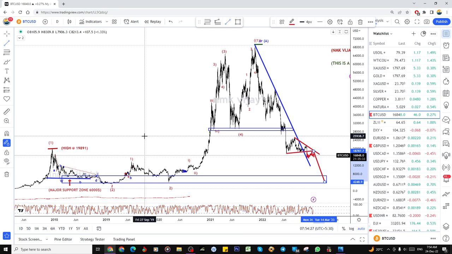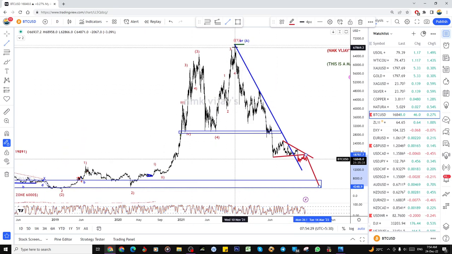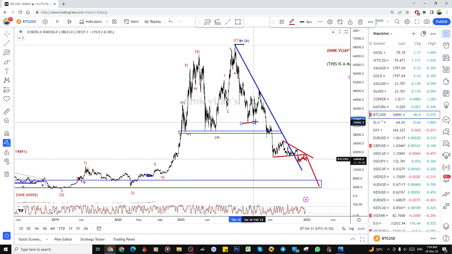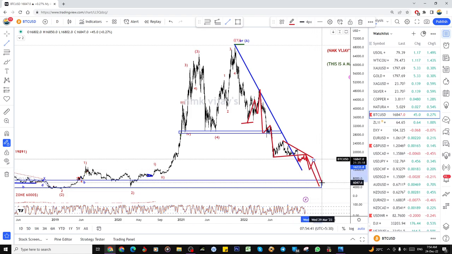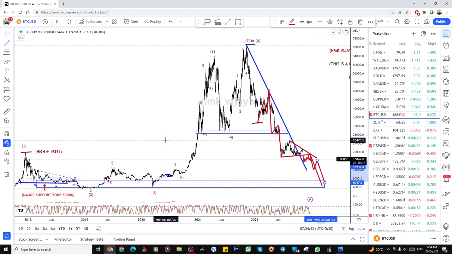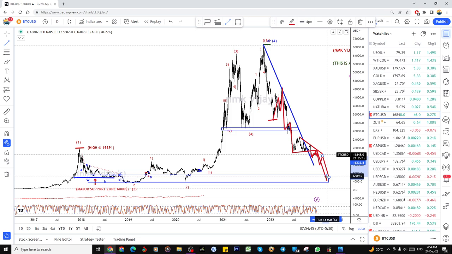This is the only way I'm looking, because this is one ABC, and again there is an ABC, and again this is doing the ABC. So one more A, B and C I'm looking for, to reach this 4,000 range or 6,000 range.